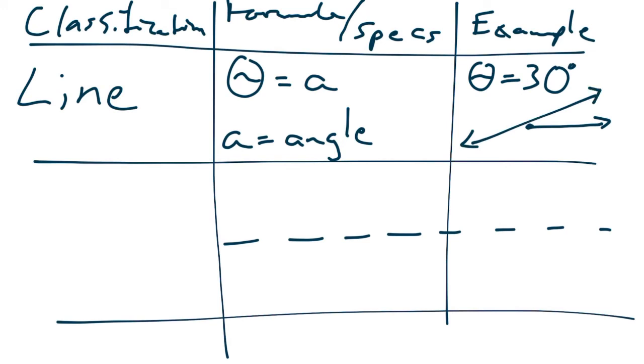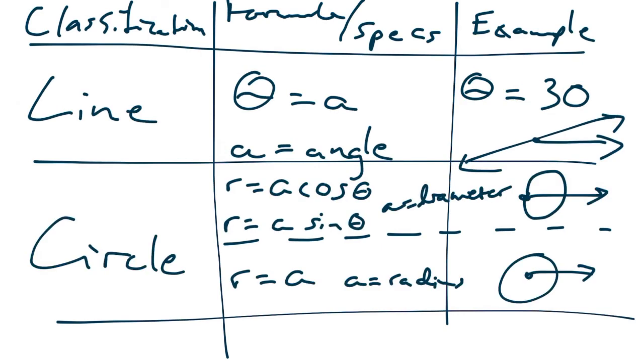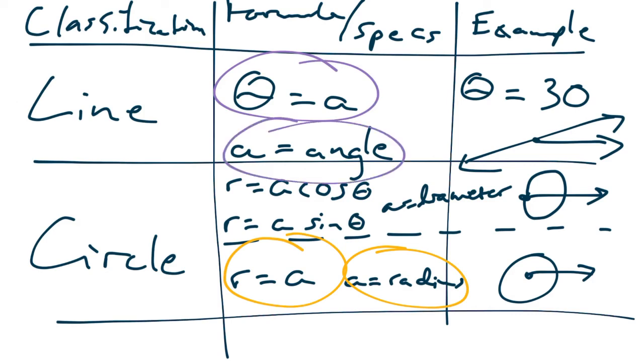Now, especially I want to make sure that you don't confuse this with the circle, and particularly the circle where r equals a, because that's a whole different scenario. That means that a is the radius. But up here we know that theta equals a is the angle. So two different equations, two different graphs. And especially don't confuse either of these two graphs with the spiral of Archimedes.